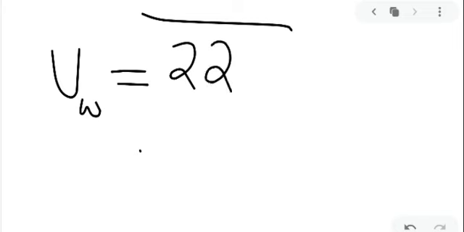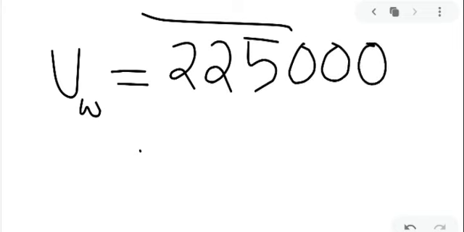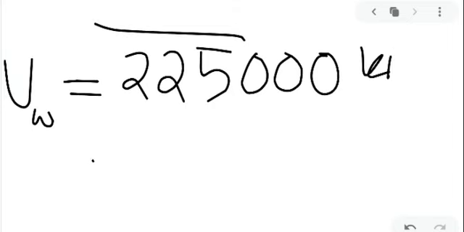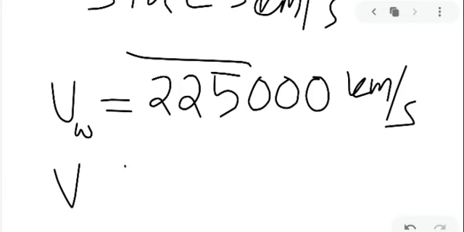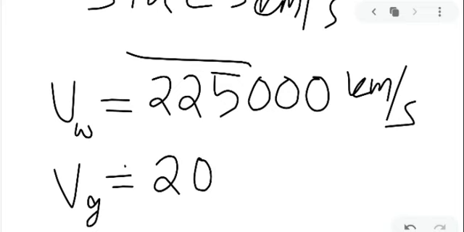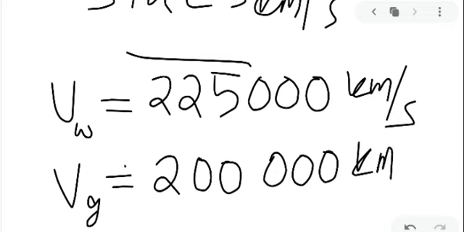I can even go ahead and say the value. In water, the speed of light, I can write with a subscript W, which means water, is around 225,000 kilometers per second, and the speed of light in glass is around 200,000 kilometers per second.